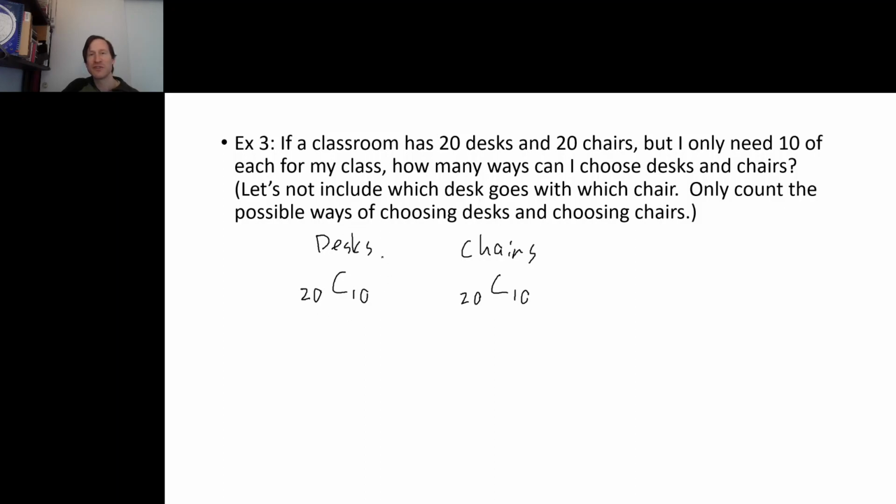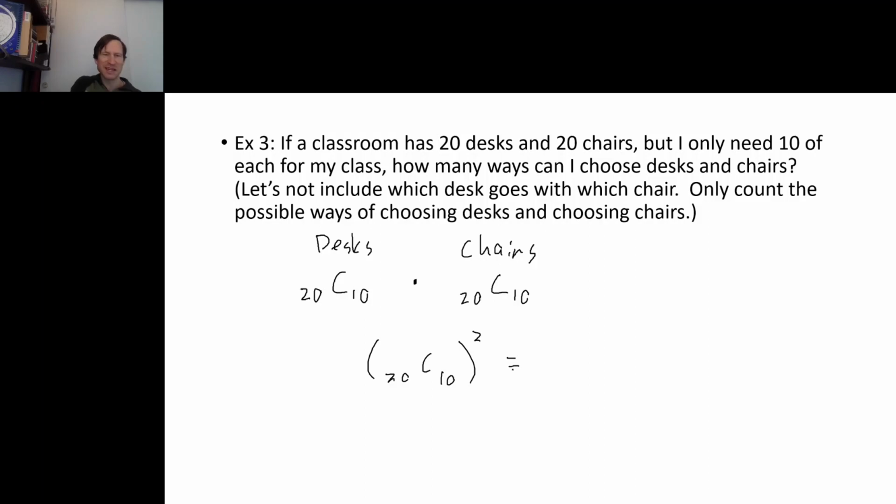The choices we make for the desks don't have any influence at all on the choices we make for the chairs, so these are independent choices, so we can just multiply these numbers together to get the total number of possibilities. So 20 choose 10 times 20 choose 10, that's 20 choose 10 squared, which you can imagine is going to be a pretty big number.